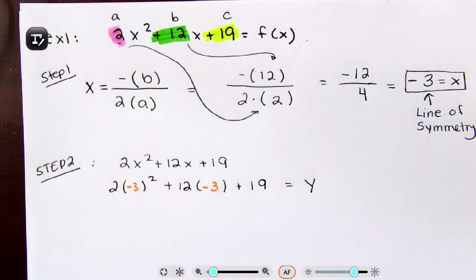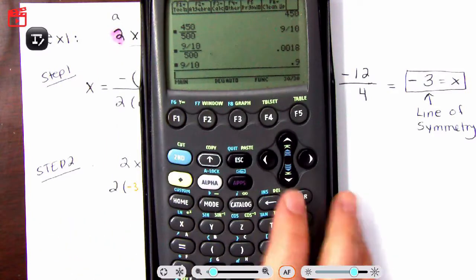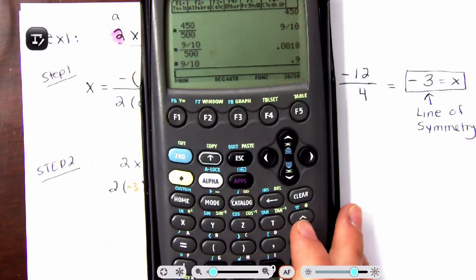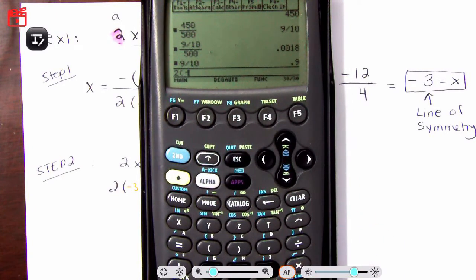Now for this, I would recommend using a calculator in case you have any hiccups there. On our calculator, I'm going to type exactly what I see. So I'm going to type in 2 times, parenthesis, negative 3, parenthesis.